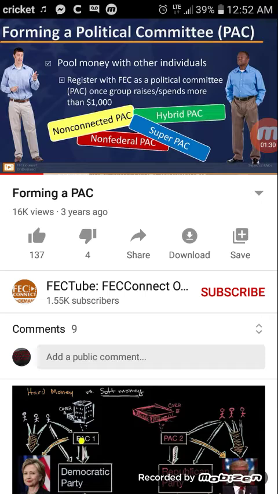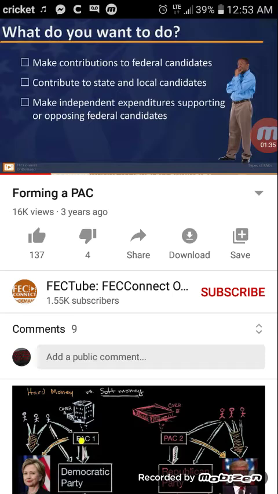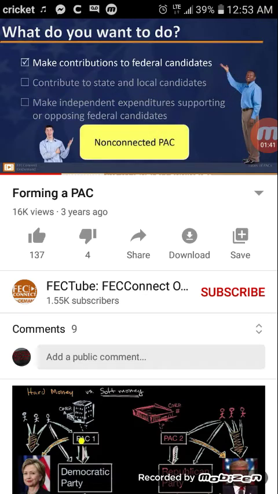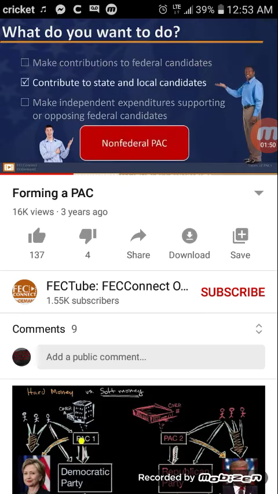Choosing which one is right for your group depends on several factors. The key question is, what does your group want to do? If you're really just interested in making contributions to federal candidates, you'll want to register as a non-connected PAC. If, on the other hand, you're only interested in supporting state and local candidates, you'll want to contact your state elections office to ask about creating a non-federal PAC.